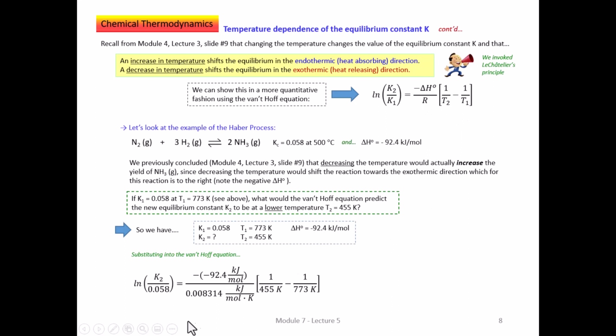R here is 0.008314. And now we just solve for K2. Oh, and I forgot to mention, of course, this is obvious, but for T2 we put in 455 K, and for T1 we put in 773 K. So now we just solve for K2.